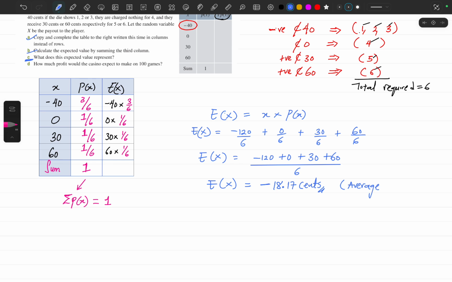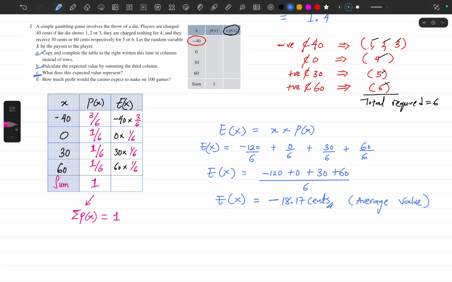The average value that a person playing this game is expected to get. So the average value that whoever played this game is going to get is minus 18.17 cents. That is the average value a person will get for playing this game.